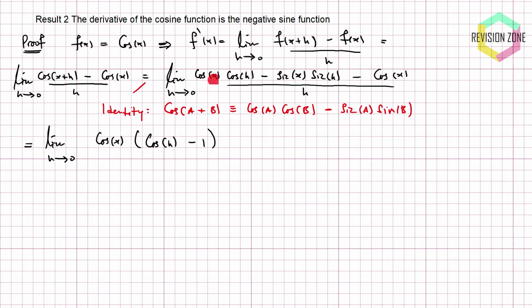So I've taken care of this term, and I've also taken care of that term. So the term that remains in the numerator is just this sine x sine h term, which I'm going to write down now. So minus sine x sine h, and of course the denominator remains purely in terms of h.